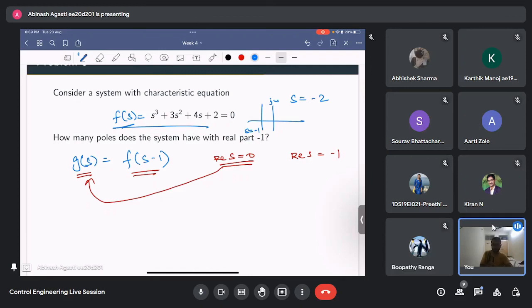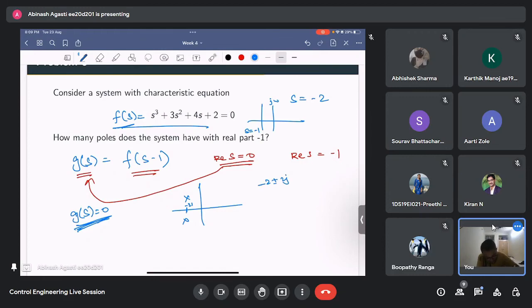Now, if g(s) is equal to 0, whatever the roots might be of this equation, we'll solve that. Suppose there are two complex roots on the left half plane for g. So what that means is, say this is -2 + 2j, correct?